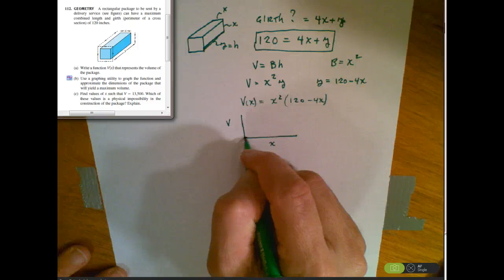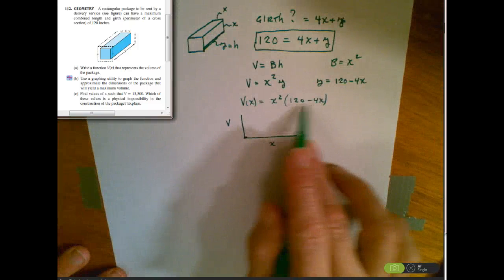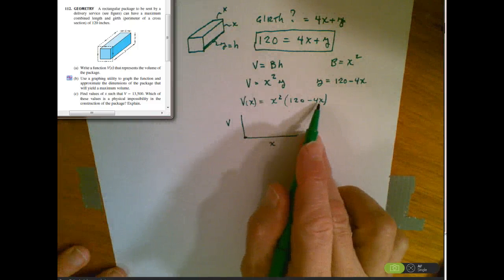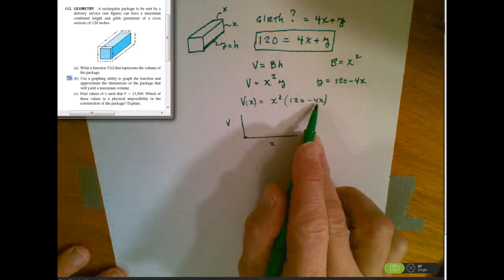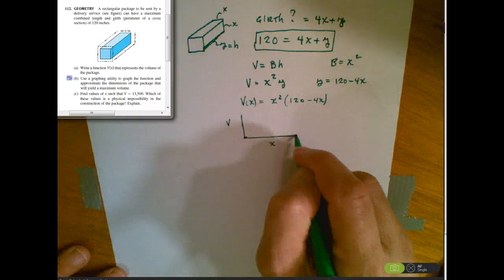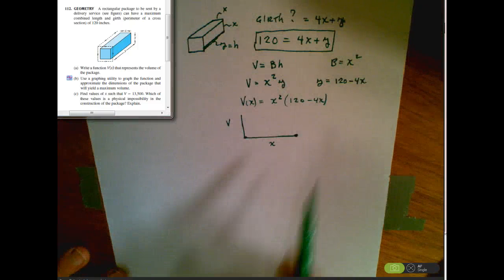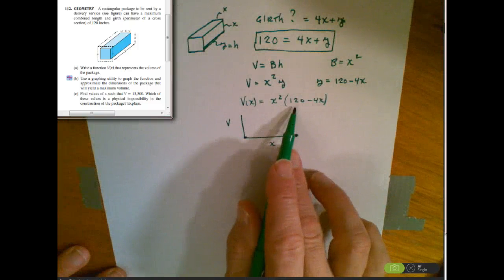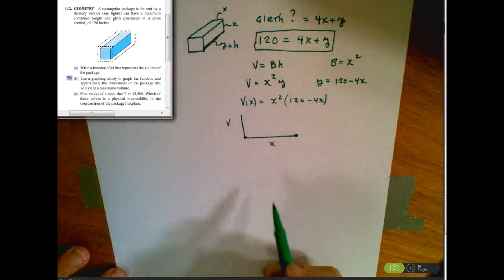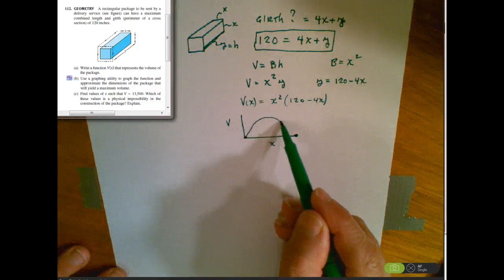So I've got this point here, and looking at this function, I know that if x is, let's see, if this is 30, if x is 30, we'll have that. I'm predicting, since this is a cubic type function, it might get bigger and then come down here.